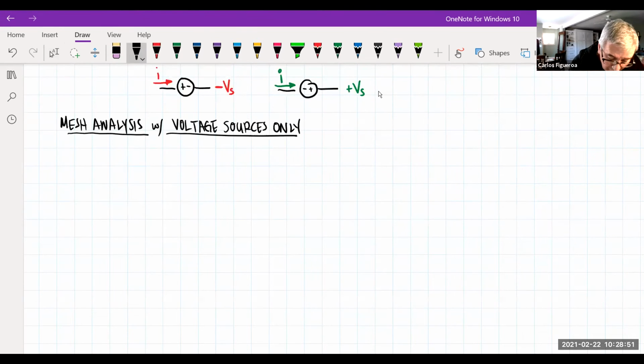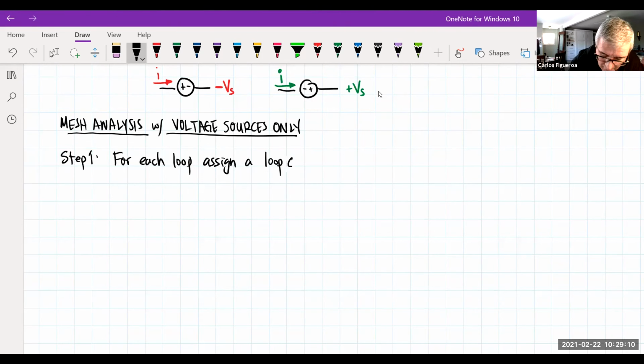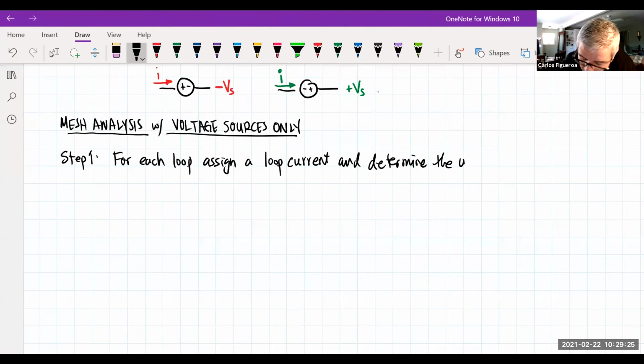So here we go. Step 1. Step 1 reads, for each loop, assign a loop current and determine the number of unknown loop currents.